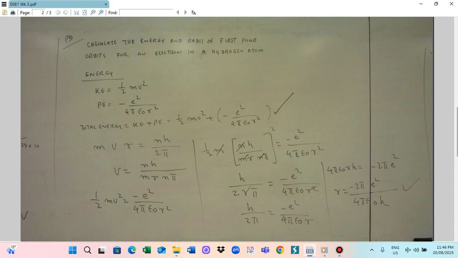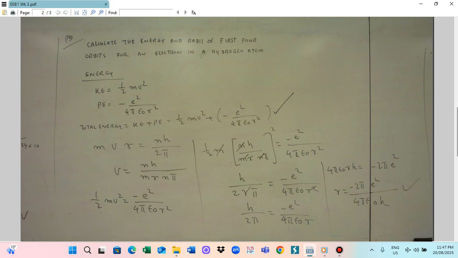Another thing is the electron's radius. To calculate the electron radius, we have to know the mass, velocity, and the radius: mvr is equal to nh by 2 pi. So that's the equation.